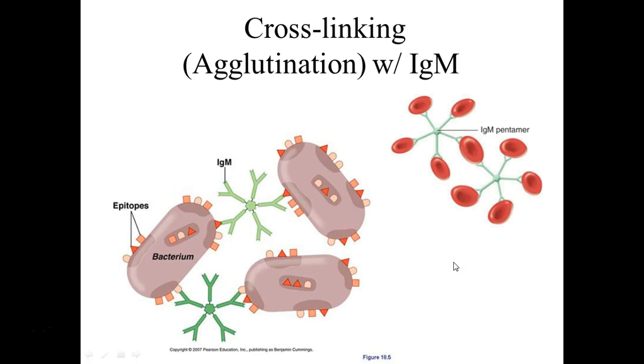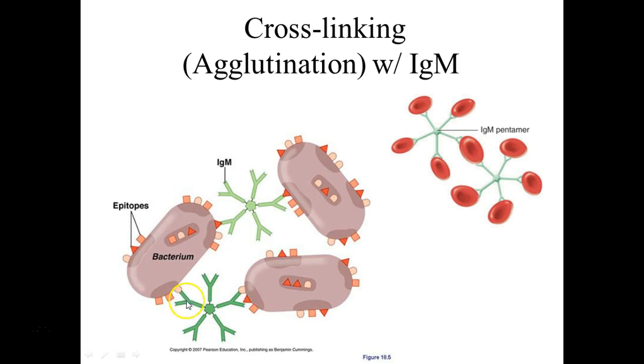As I mentioned earlier, IgM is really good at agglutination because of how many antigen binding sites it has. One of the nice things I like about this drawing is, notice that this IgM is binding to a specific epitope, a little piece of this bacteria.